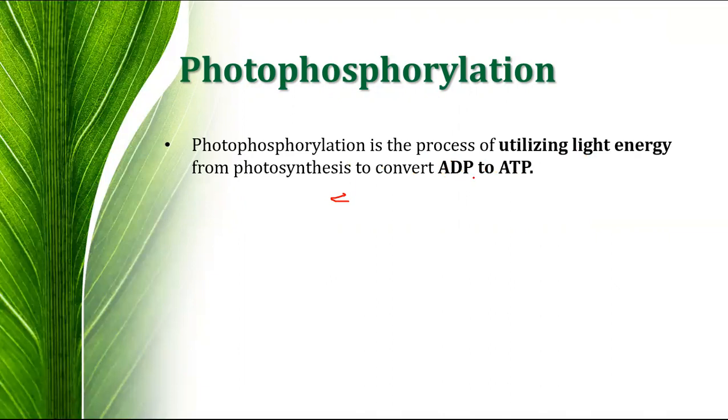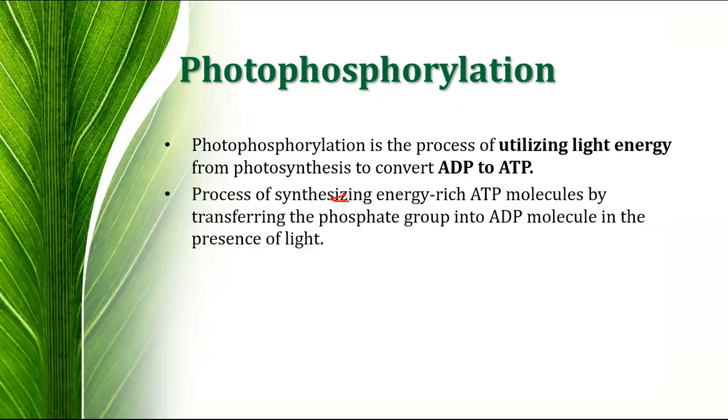Utilizing this light energy, it converts ADP to ATP. The whole process is synthesizing this energy rich ATP molecule by transferring a phosphate group to the ADP molecule in the presence of light.